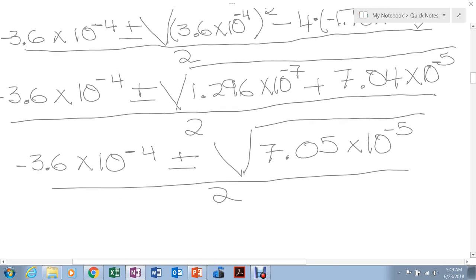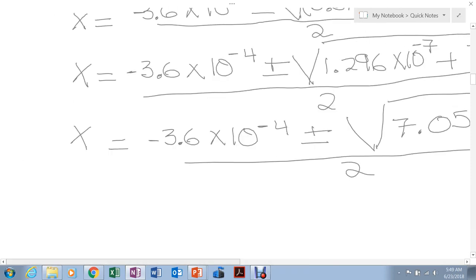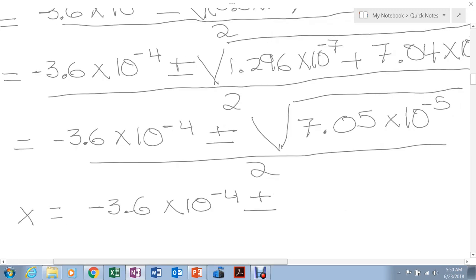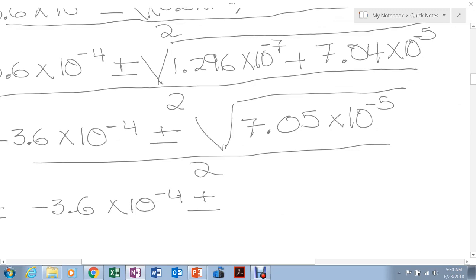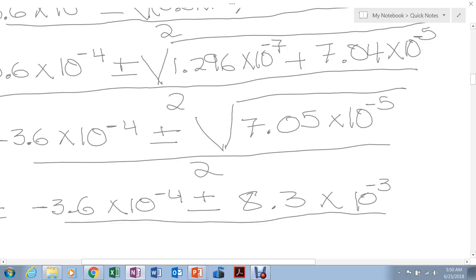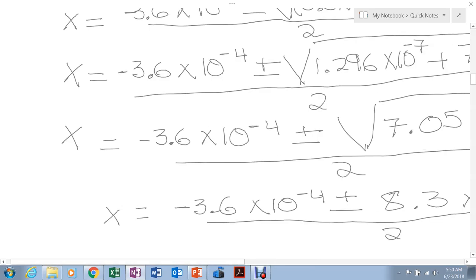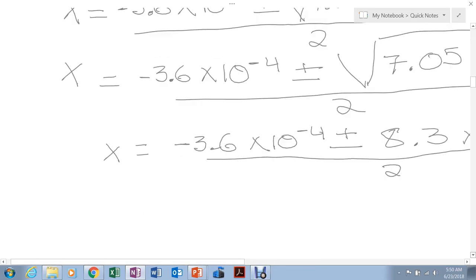And this is going to be x equals minus 3.6 times 10 to the negative 4 plus minus 8.3 times 10 to the negative 3, divided by 2. Now this analysis that I'm going to do now is very important. Why? Because the x cannot be negative.